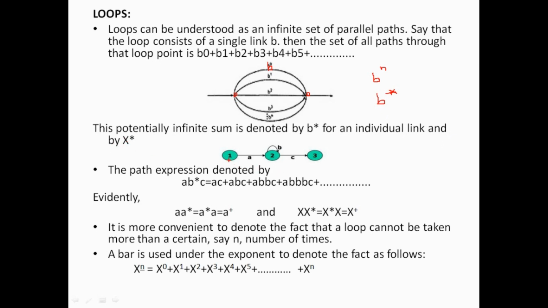Here you can look at this example, where we can represent an infinite number of loops. The path expression denoted by the above figure we can specify as A, B star, C, because this loop cannot exit from the second node. It keeps repeating and is not ending in a particular place, so we call it B star.